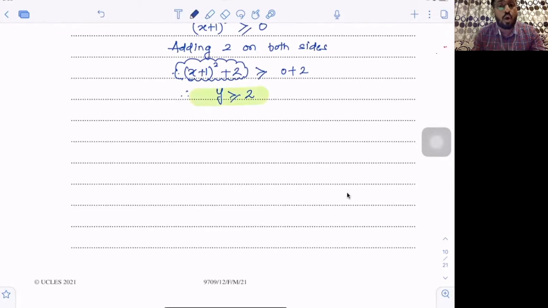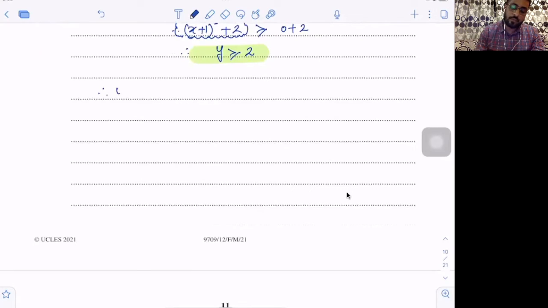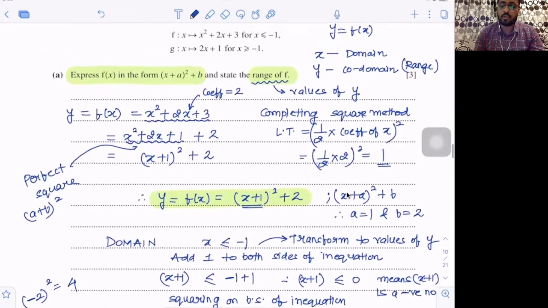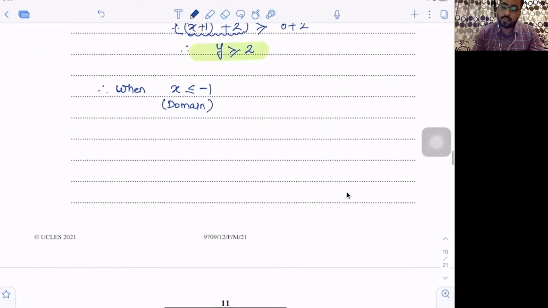So I can now say therefore, when x is less than or equal to minus 1, which is the domain, then you can say y is greater than or equal to 2. This is your range, right, students?